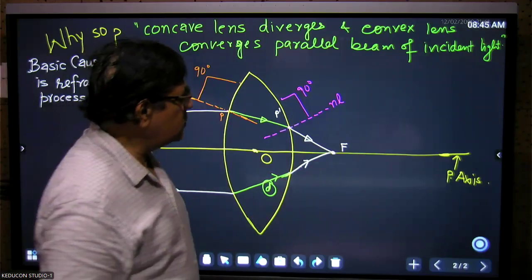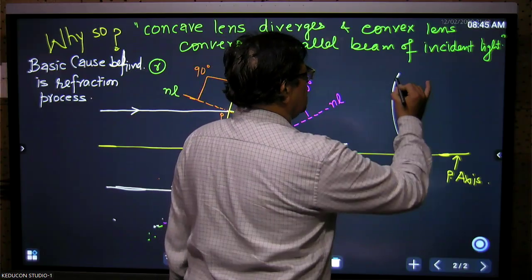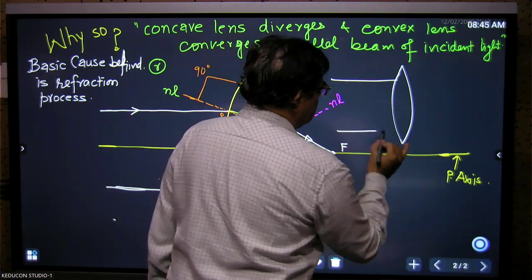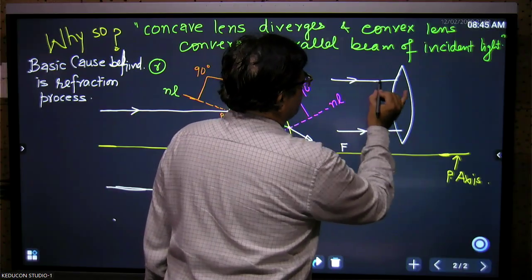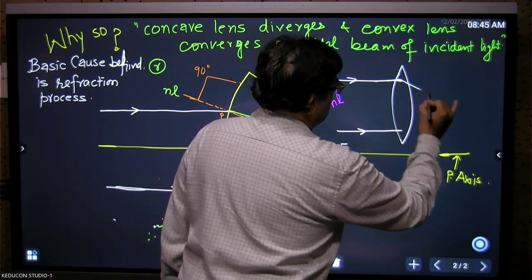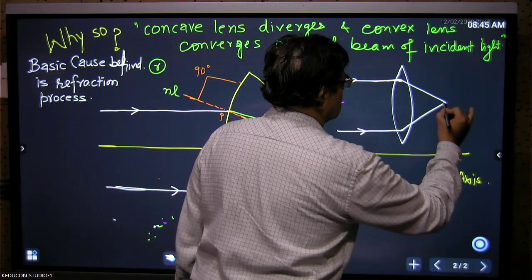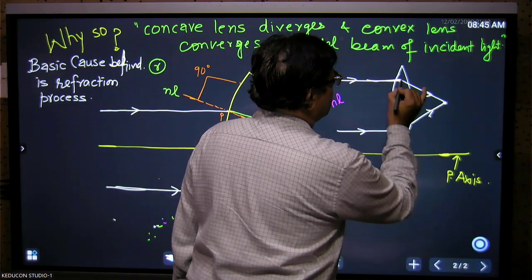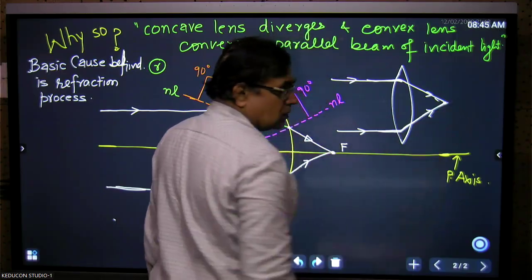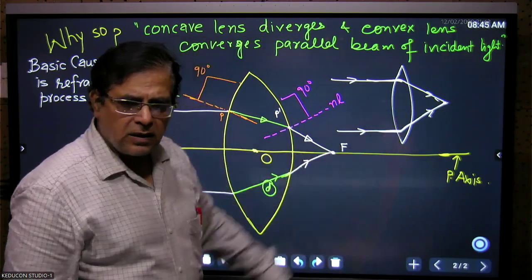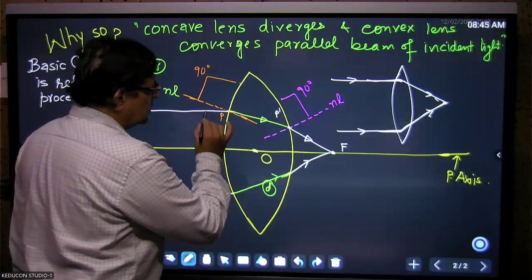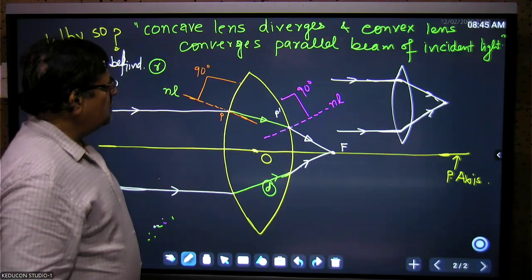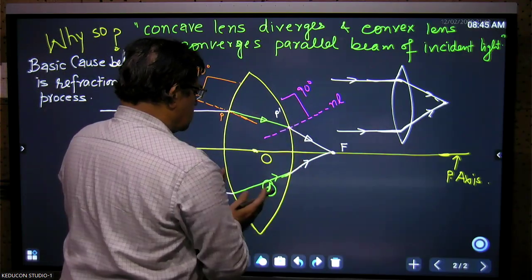Now, one student can question me: sir, when we show the diagram in the usual manner, we show it like this only, a parallel beam of light here and focusing here. We simply show one bend here and one bend here. So this is your approximate diagram. Whereas in reality, this is the real diagram, where double refraction takes place. Another thing, lenses are not practically so thick.